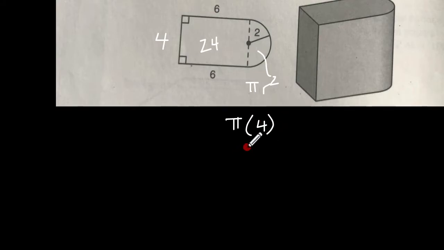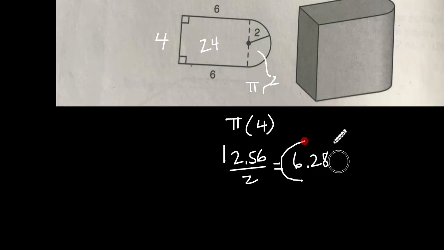All right, you can use your calculator if you're going to be doing the area problems. 4 times 3.14 is going to be 12.56, but it's a half a circle, so I'm going to divide it by 2. And we're going to get 6.28. All right, so we're going to add these 2 together, and that's going to be the area of the bases. I told you this one's a little bit harder.